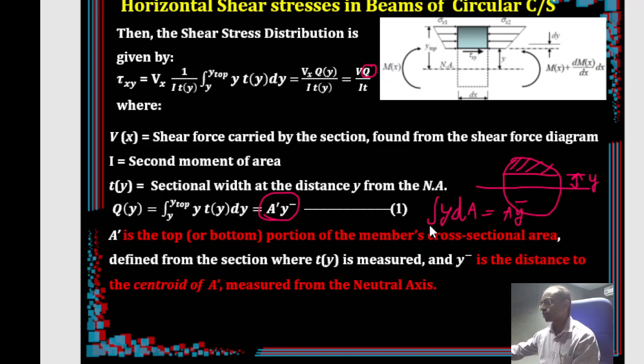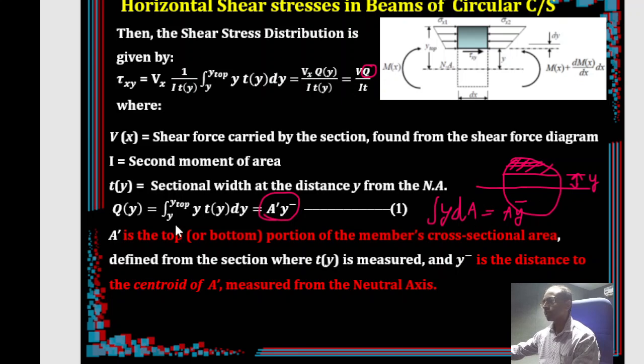So the better thing is to use the equation integral y dA. What we are going to do is take a small strip of known geometry, preferably a simple rectangle, within this plane area, calculate its area, and then multiply with y to get the first moment of area.